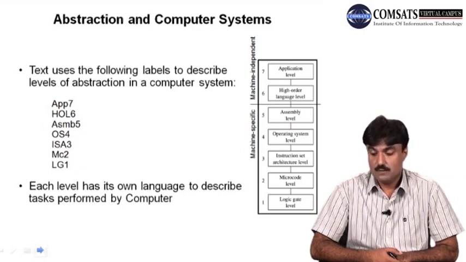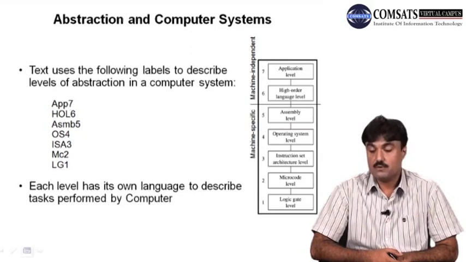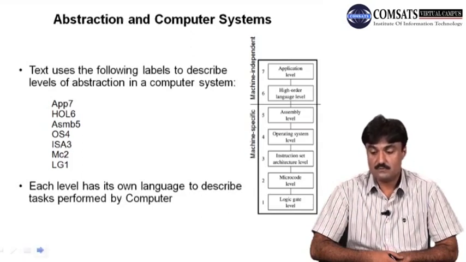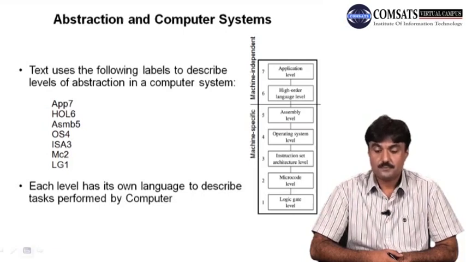The first level, at the lowest, is the logic gate level. Level number 2 is the microcode level, level number 3 is the instruction set architecture level or ISA level, the operating system level is level 4, the fifth one is the assembly level, the sixth one is the higher order language level, and the last, level number 7, is called the application level.